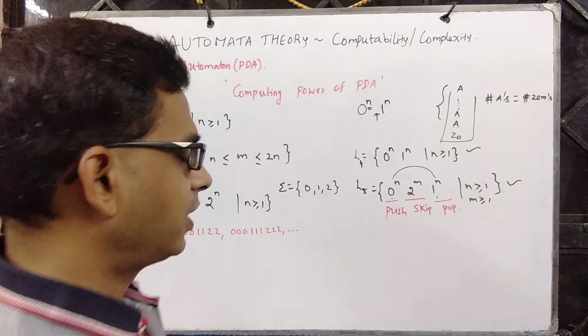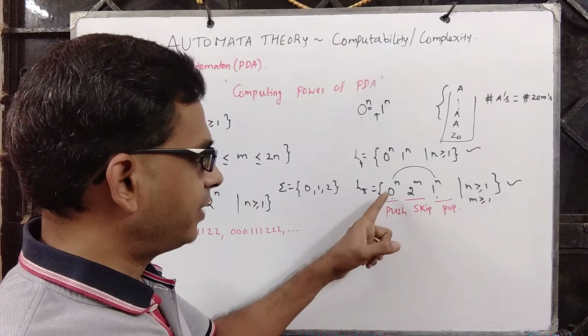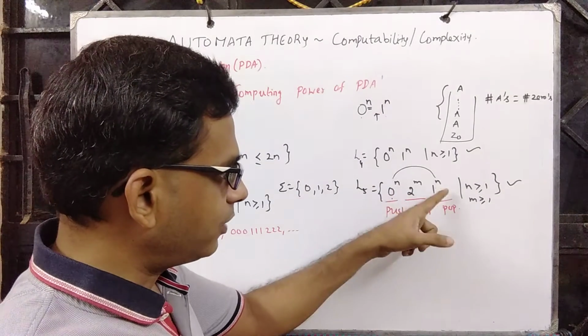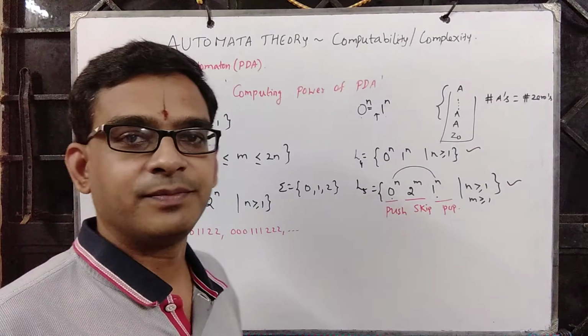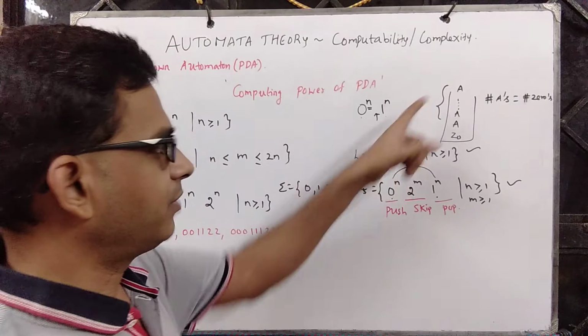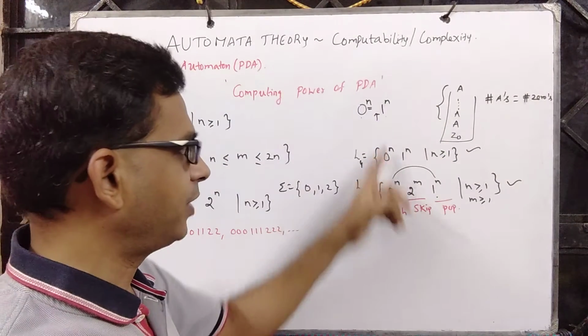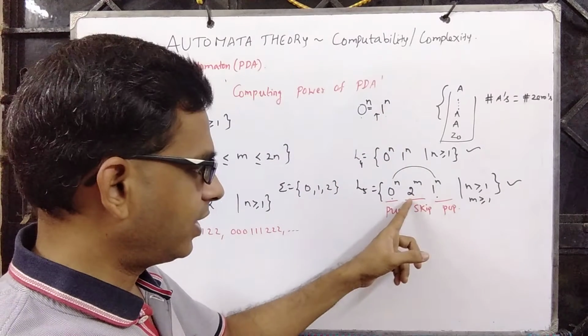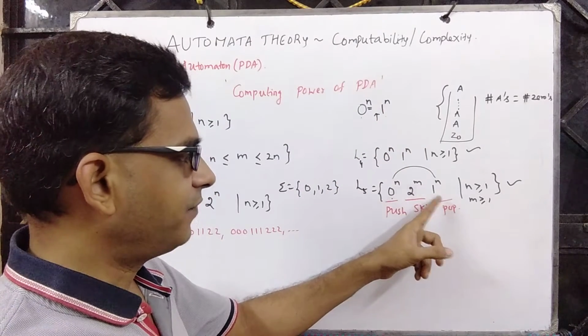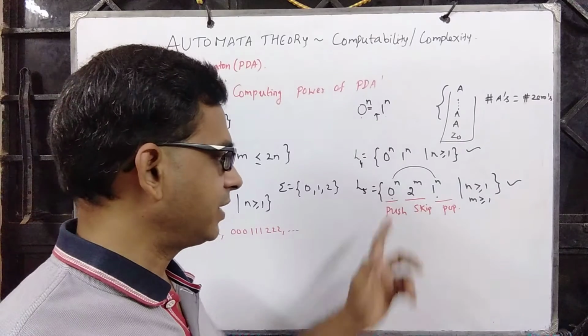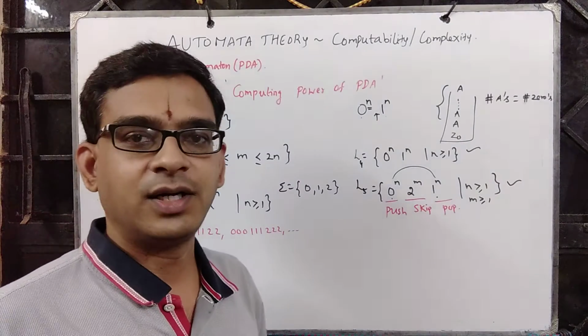Fine. Now again, if you notice, you can only compare 2 symbols at a time. You can remember only one symbol at a time, which you can use at a later point in time, maybe immediately or slightly later, and with that you can compare whether the counts of these two are one and the same.